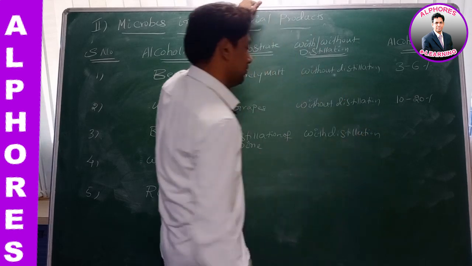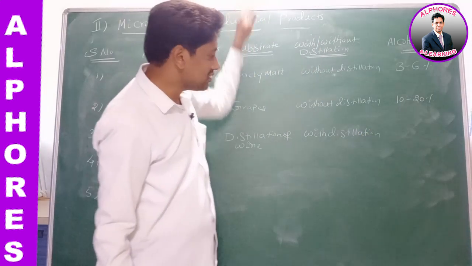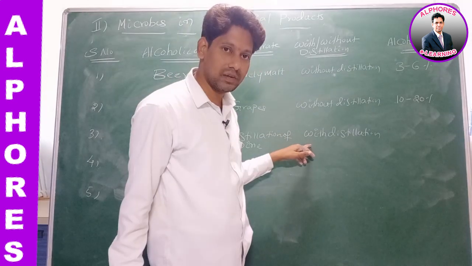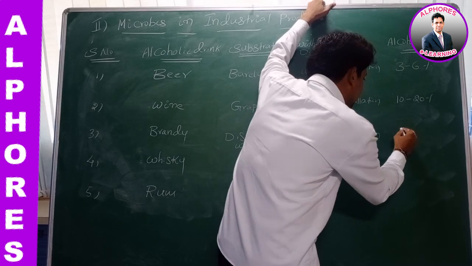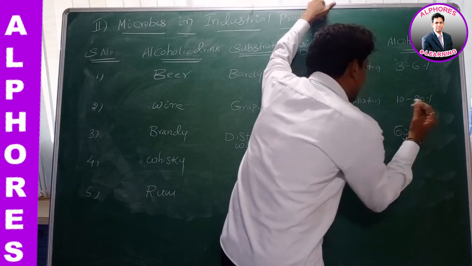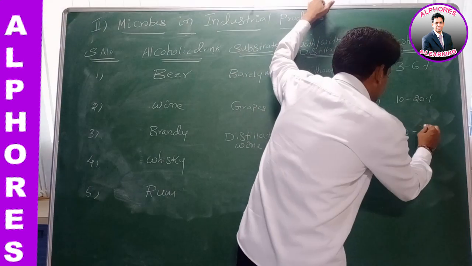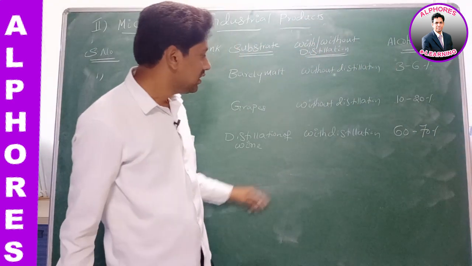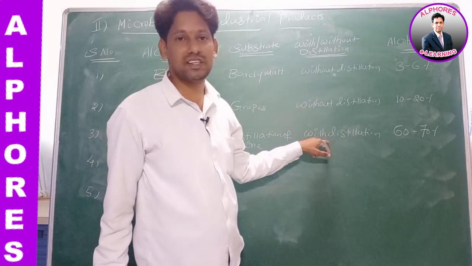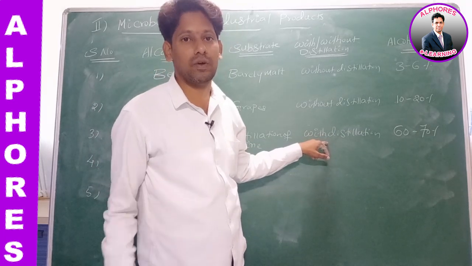As distillation has taken place, will its alcohol content be low or high? Its alcohol content is high, 60 to 70% of alcohol is present in it. How, sir? If distillation takes place, water is removed.